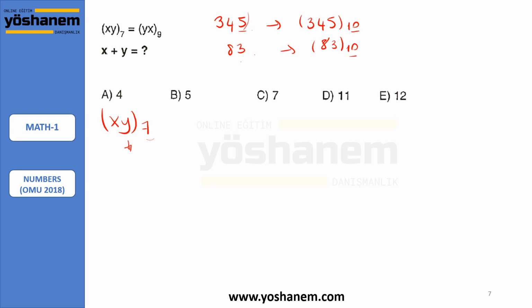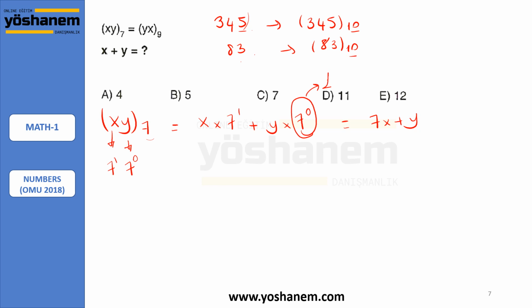So the first one is 7 to the 0 power, and the second one is 7 to the first power. So it's x times 7 to the first power plus y times 7 to the 0 power. Anything raised to the 0 power is 1, okay? So this is 7x plus y.